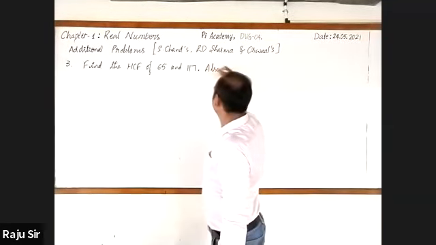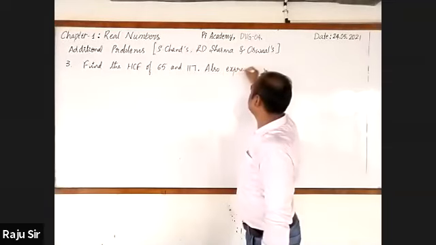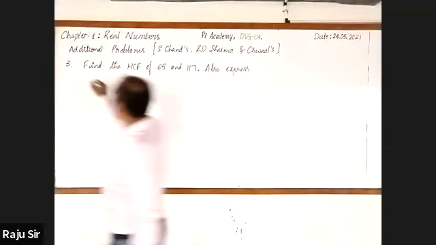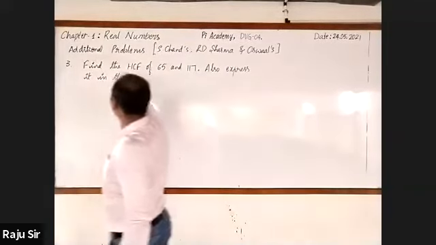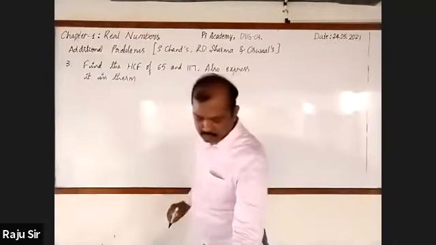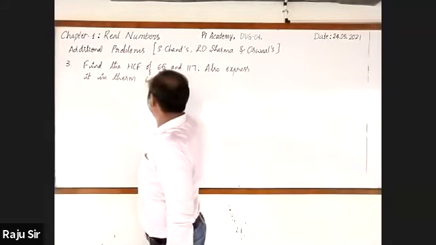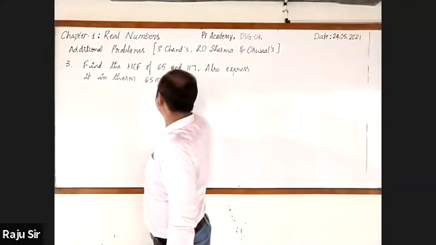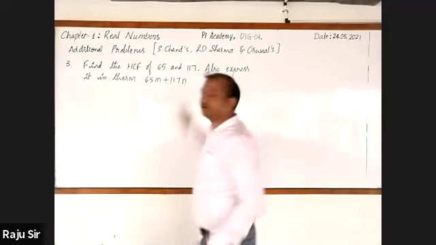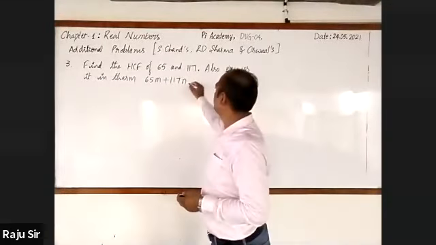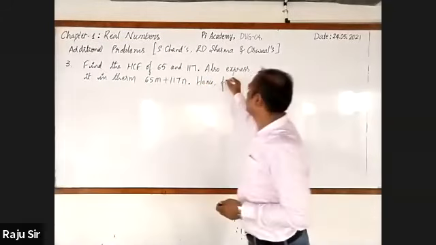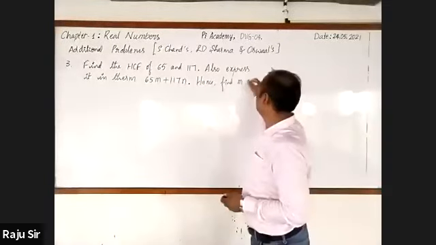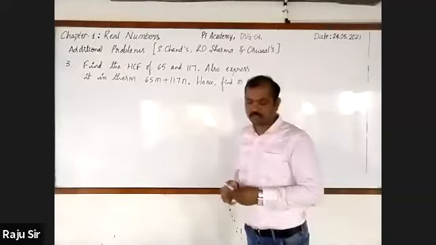Also, express it in the form 65m plus 170n. Hence, find m and n.